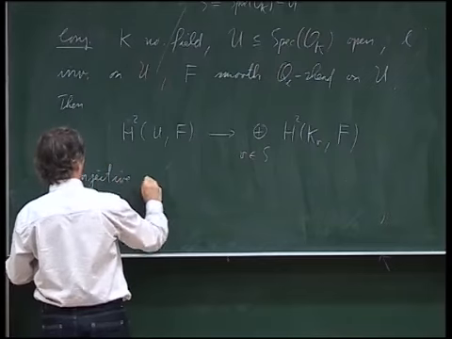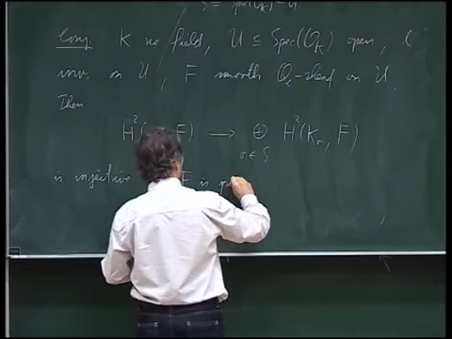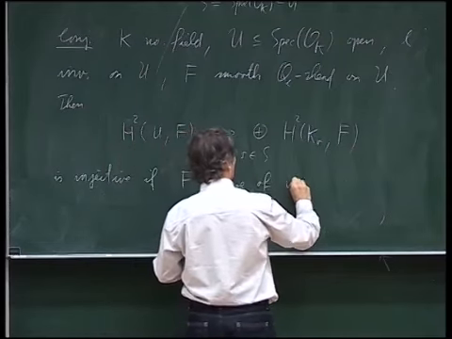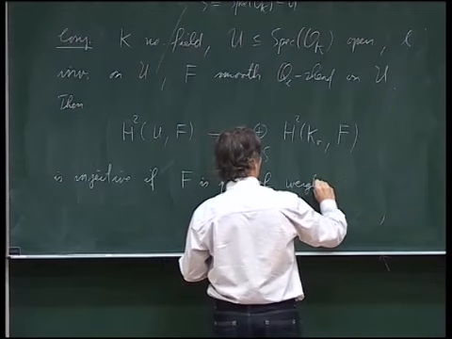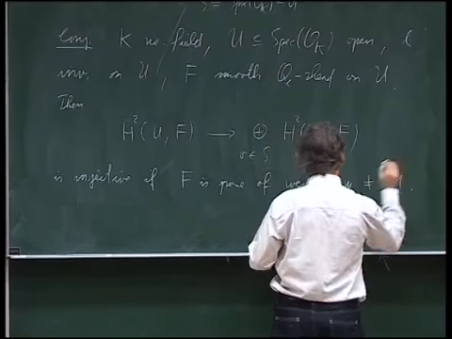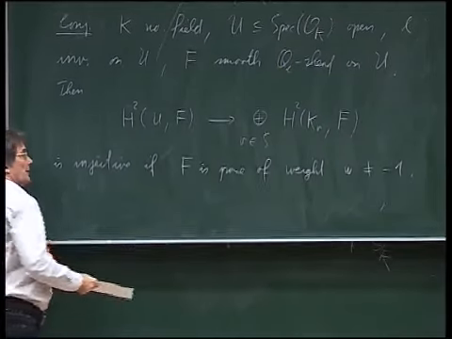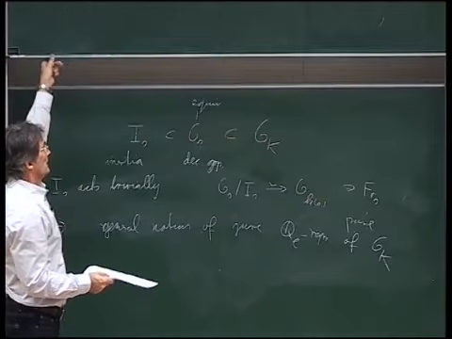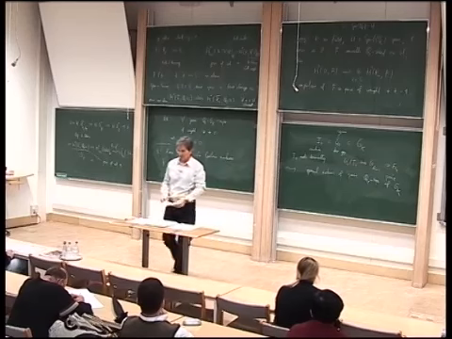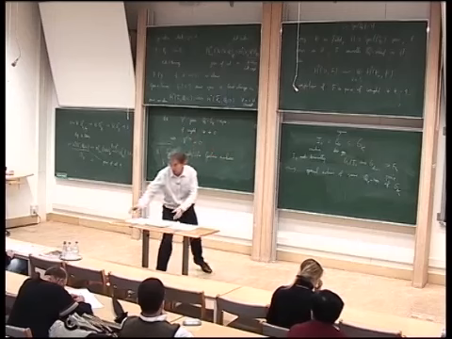If F is pure of weight w different from -1. I just want to mention this because some time ago I stated several vanishing conjectures on this type of cohomology.